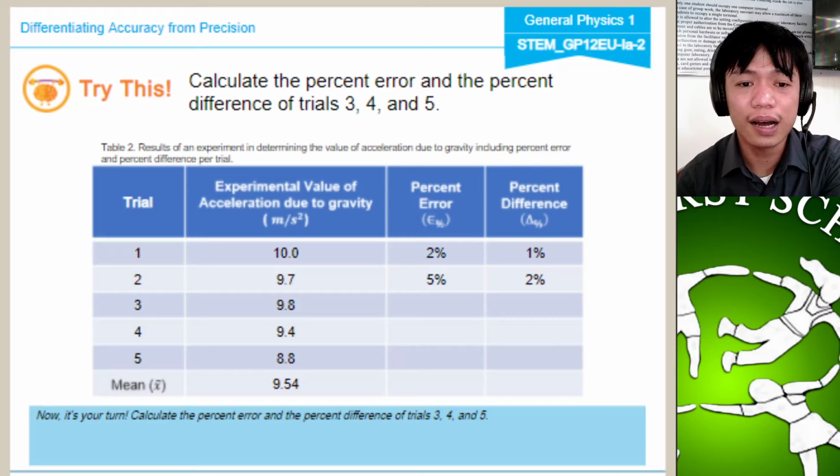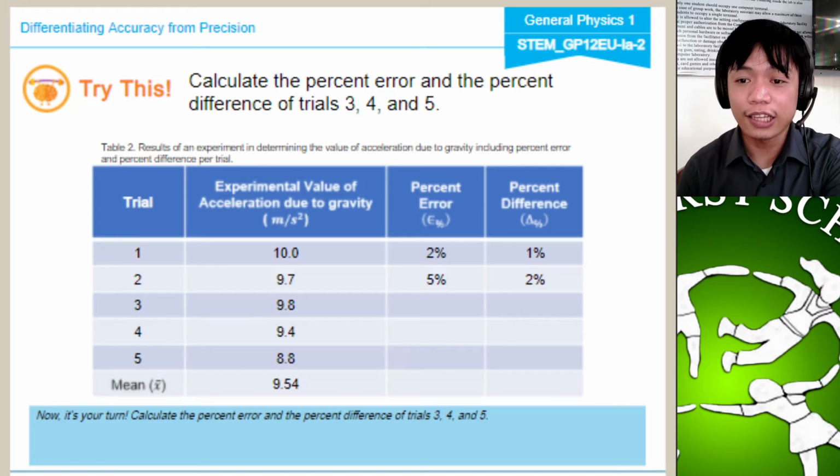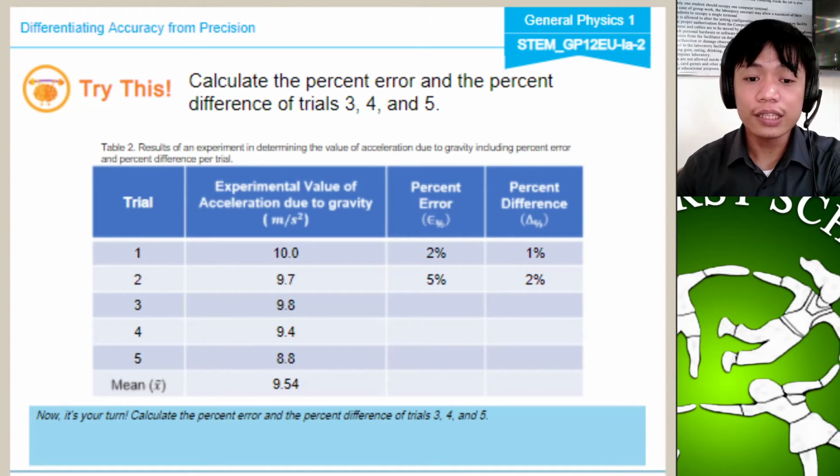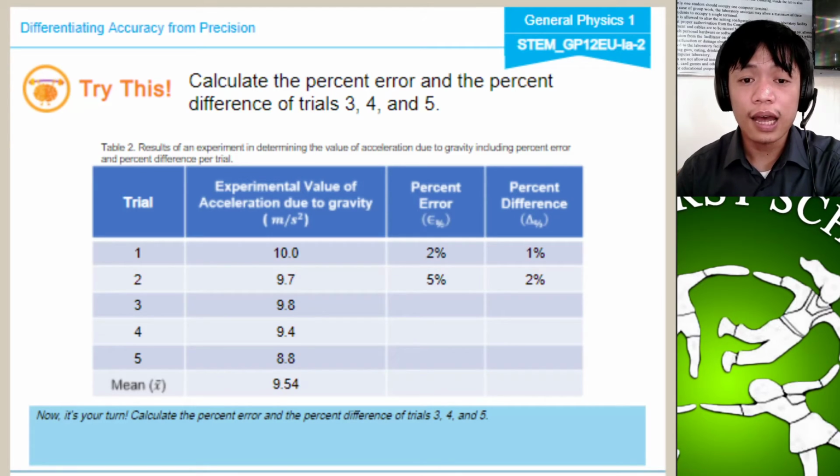Does it have high accuracy? How about yung trial number 3? So I'm going to check that later on. So now you can screen capture that, and I'll be waiting for your answer at exactly 9 o'clock today.